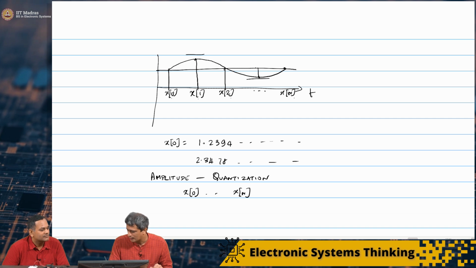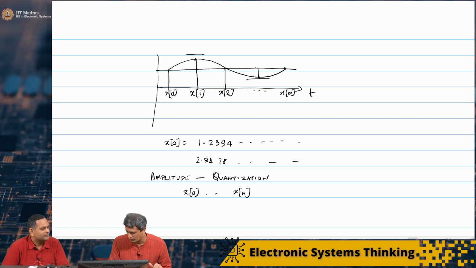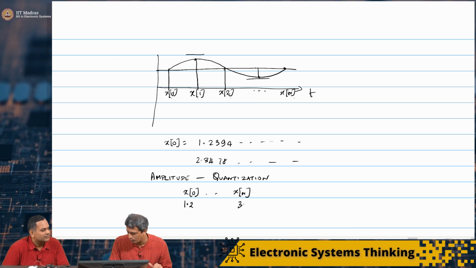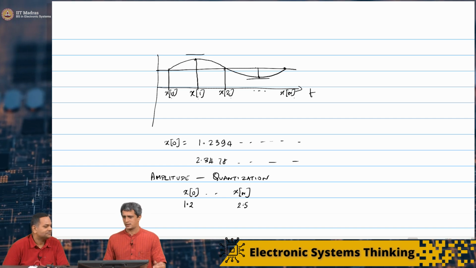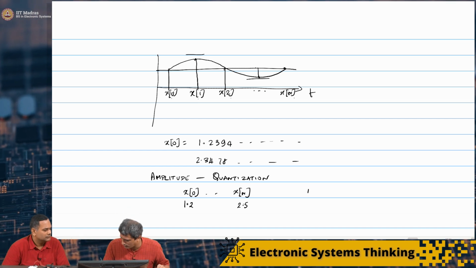Let's say that these values were real numbers between 1.2 and 2.5. So it spanned a voltage range of 1.3 volts.